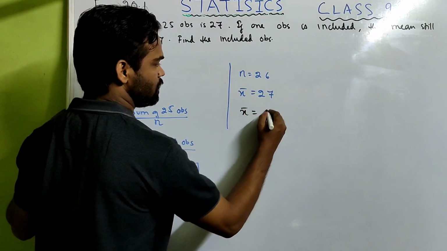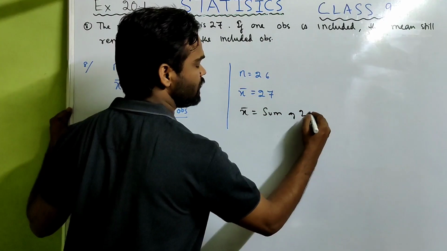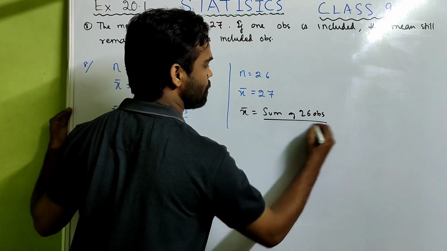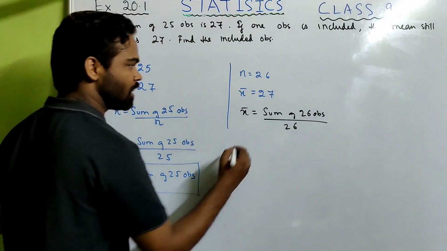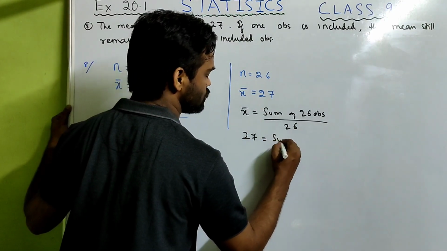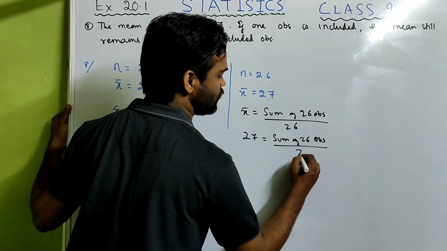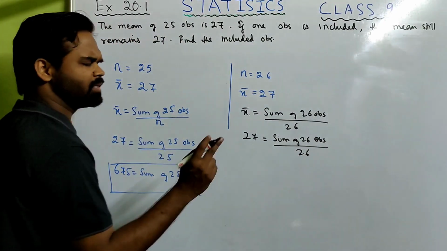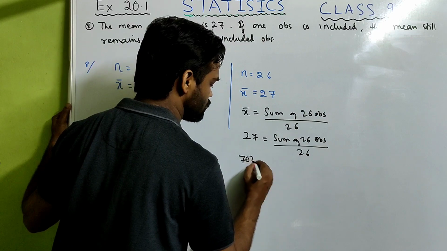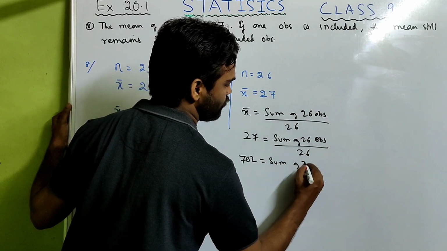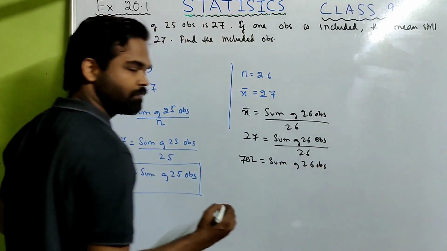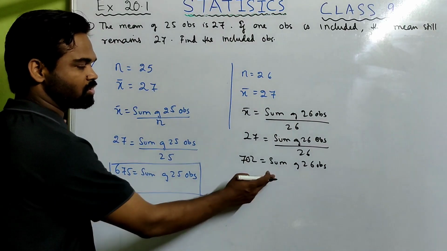Same here. Mean is sum of 26 observations by 26. So 27 equals sum of 26 observations by 26. Now 27 into 26 is 702. So 702 is the sum of 26 observations. So this is the 25 observations, this is the 26 observations.